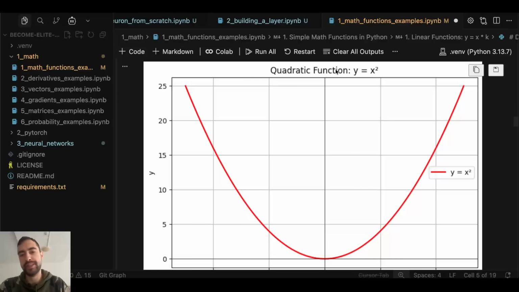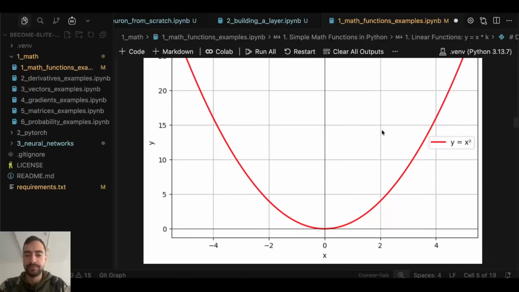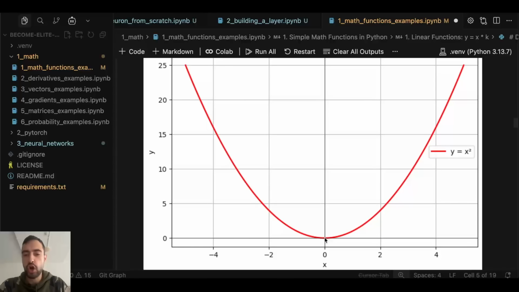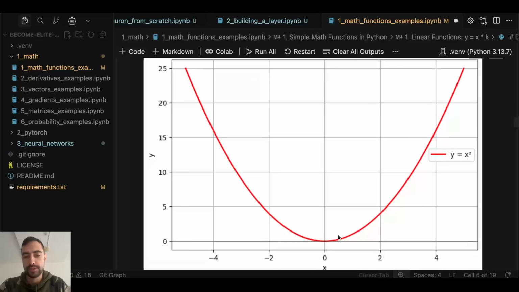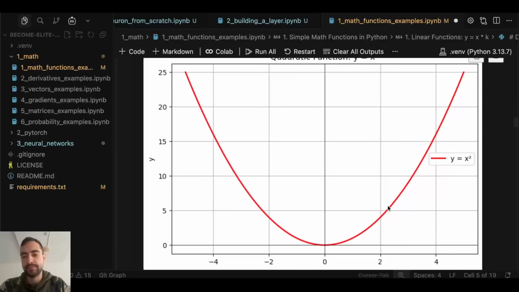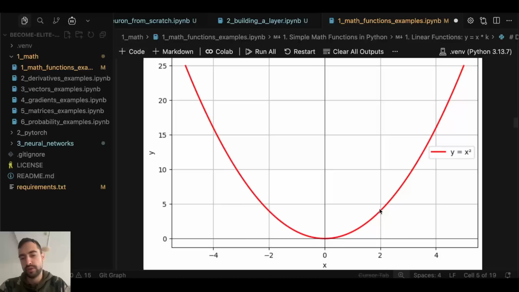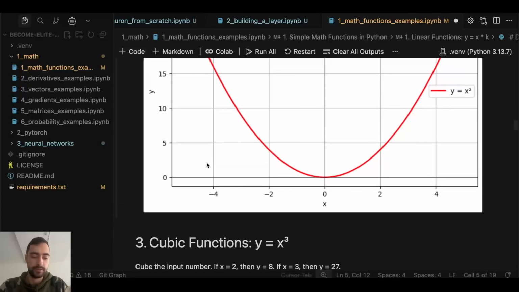Then there is the quadratic function where y is equal to x squared. As we go on x slowly, the y will become a lot bigger, will start to accelerate. In the beginning, y doesn't grow so quickly, but later, when we go from 2 squared, 3 squared, 4 squared, 5 squared, y starts to become a lot bigger, a lot faster.